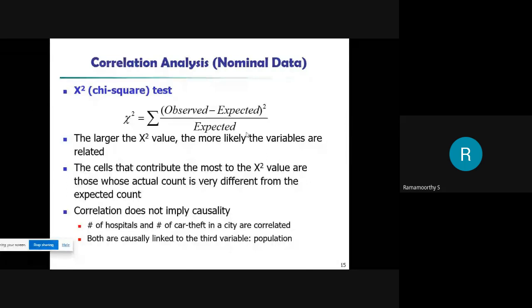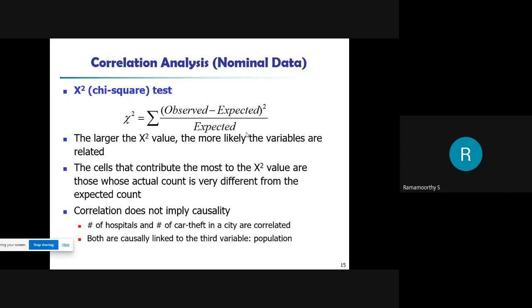The cells that contribute most to this X square value are those whose actual count is very different from the expected count. Just simply finding the difference between what is expected and what is actually observed. You may expect the output to be 10, but you get 5, so the difference is 5.